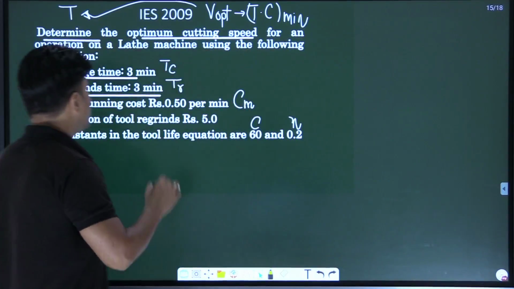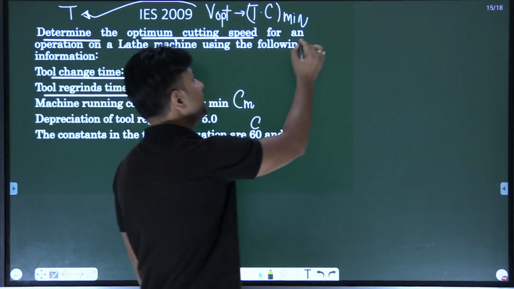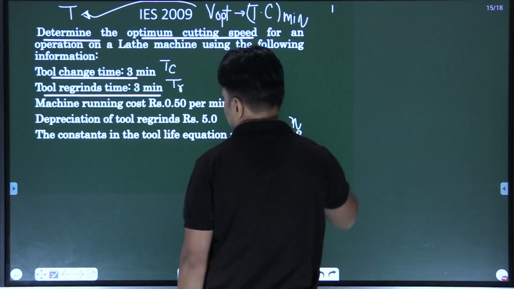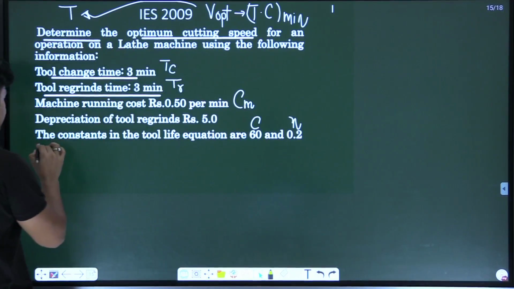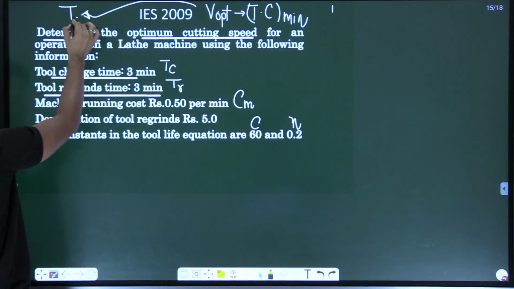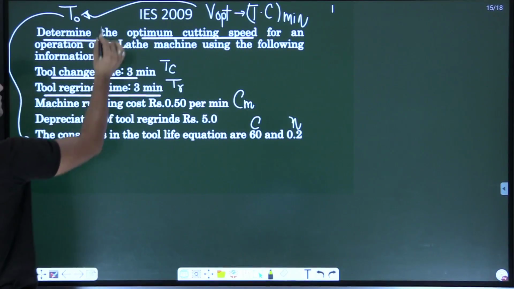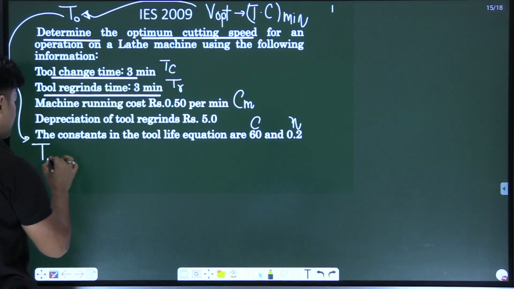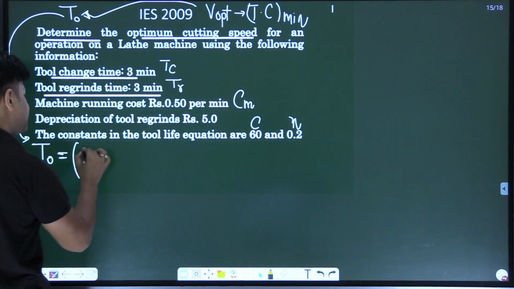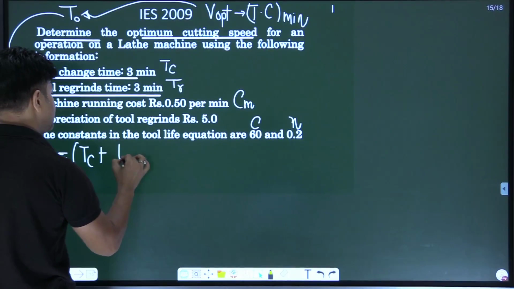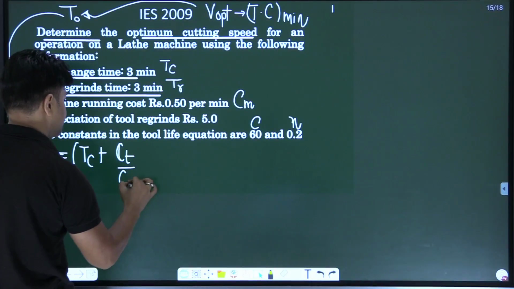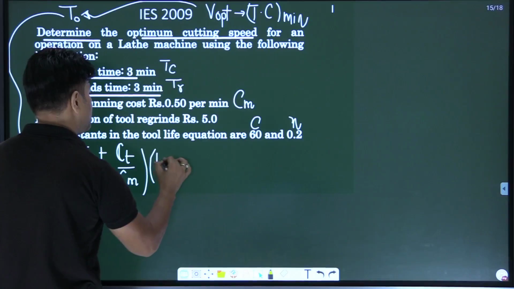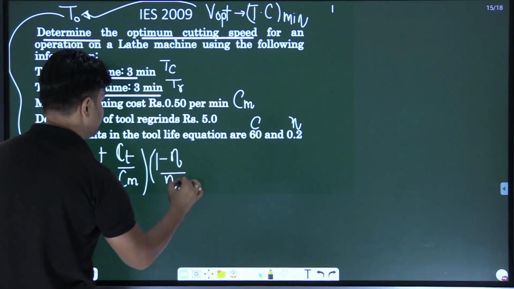Right? So, how can we find? We know a relation, and the relation is pretty simple. The tool life T naught, which is related to V optimum, is equal to (TC plus CT by CM) into (1 minus N) divided by N.